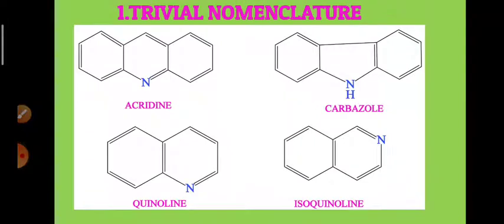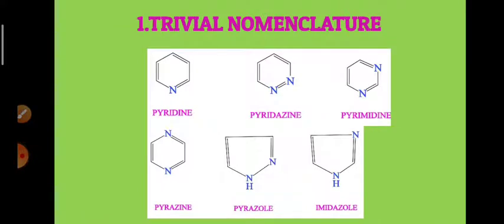Here also we can see some more compounds with trivial names: acridine, carbazole, quinoline, and isoquinoline. For the same compounds, we go for the replacement nomenclature as well as the systematic nomenclature. Some more compounds are shown here: pyridine, pyridazine, pyrimidine, pyrazine, pyrazole, and imidazole.